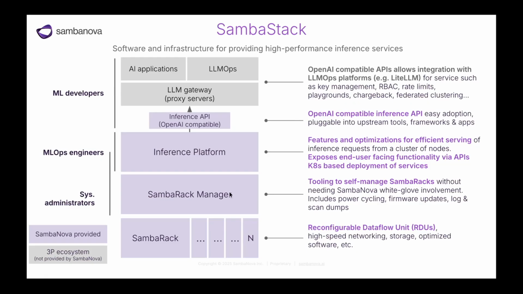The Samba Rack Manager provides tooling for customers to manage their own Samba racks without SambaNova's involvement. The inference platform supports Kubernetes deployment of services which allow you to deploy LLMs and bring your own checkpoint. Finally, the inference API is OpenAI compatible, making it easy to plug into third-party agentic frameworks, LLM ops platforms, and applications.